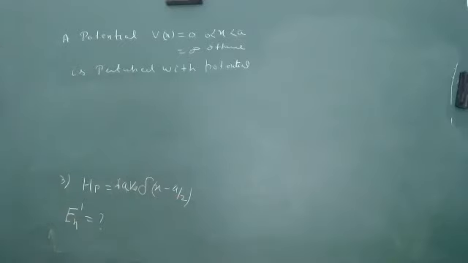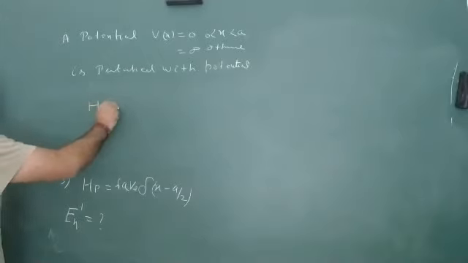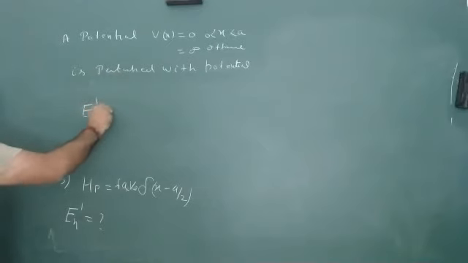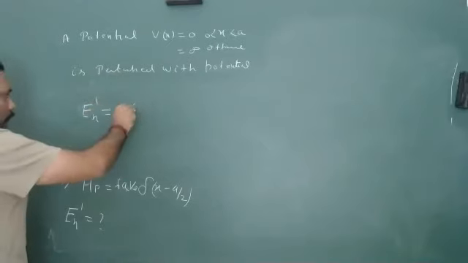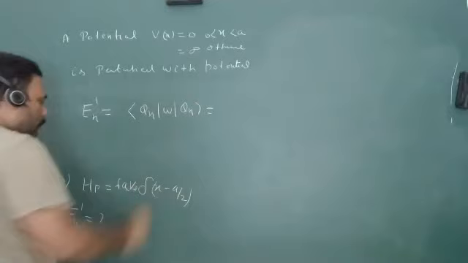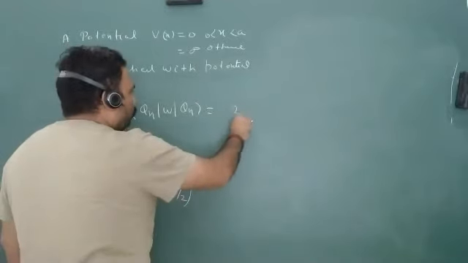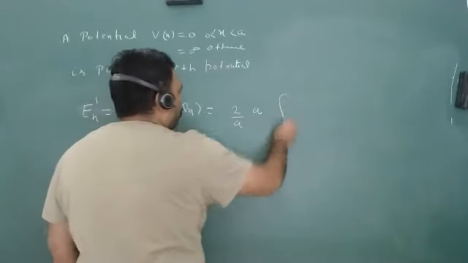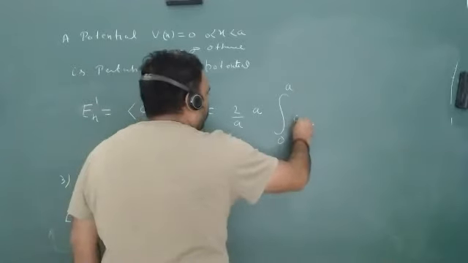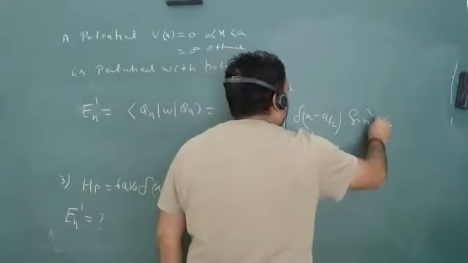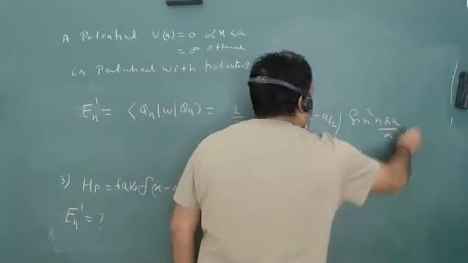Last one. So what is this? We have H prime, so again we have to go for E n1. And what is this? You have to just go for phi n W phi n. So if you are going to integrate, you will have 2 upon A into A is there, and you have integration 0 to A, and you have delta x minus A by 2, and here is sine square n pi x upon A dx.